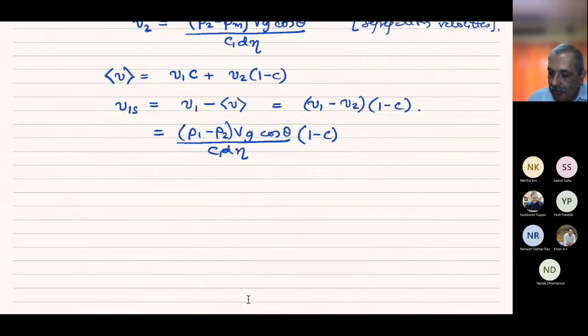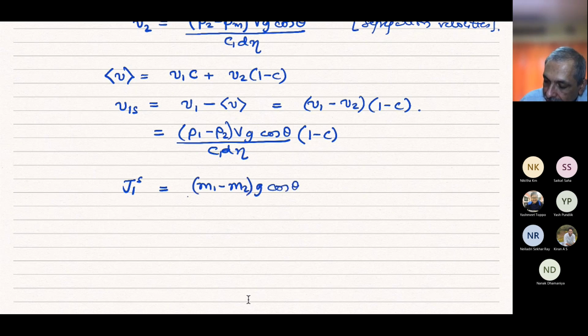And so now if you calculate the segregation flux J1, sometimes we write it as J1S also. Now I can take the density volume inside. So this just simply becomes m1 minus m2 into g cos theta.